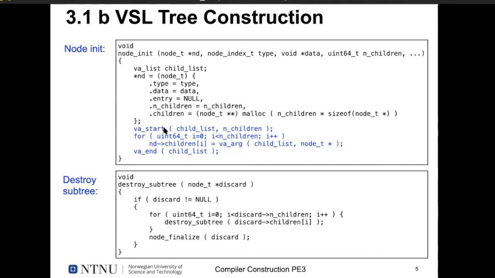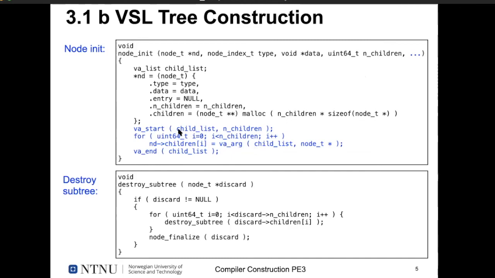So you say you want to iterate over a child list here, and this child list starts after your argument n children. Then you run a loop from 0 to the number of children that was passed as the last non-variable parameter. You set the pointer in the pointer array that you just malloced to the argument, which is retrieved by the VA arg macro.